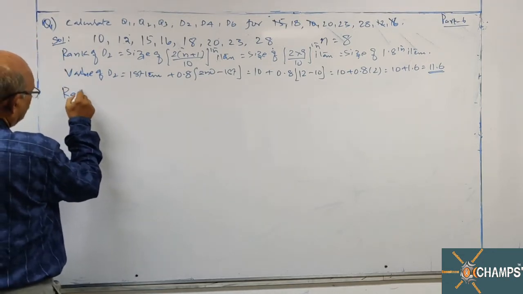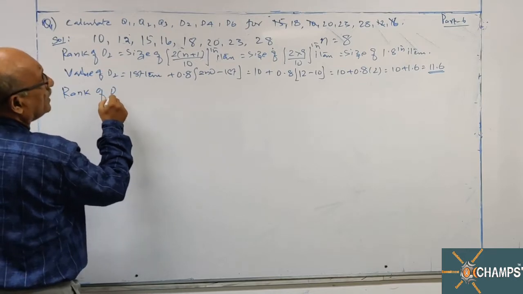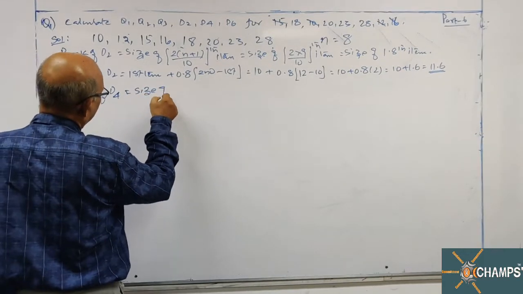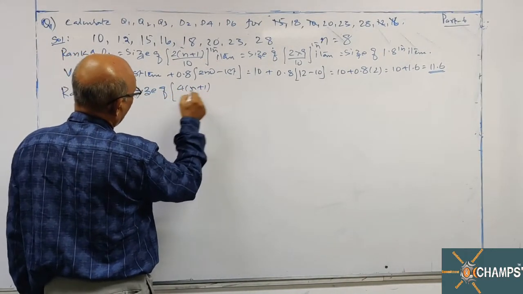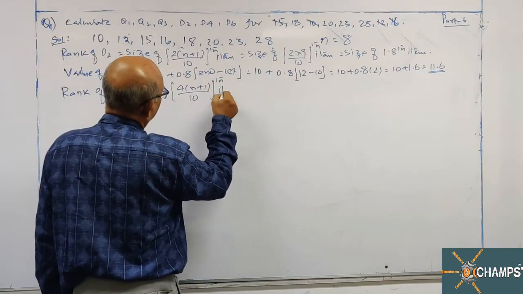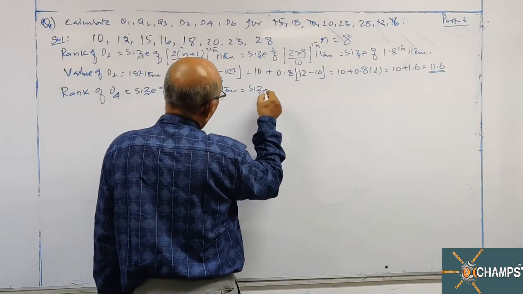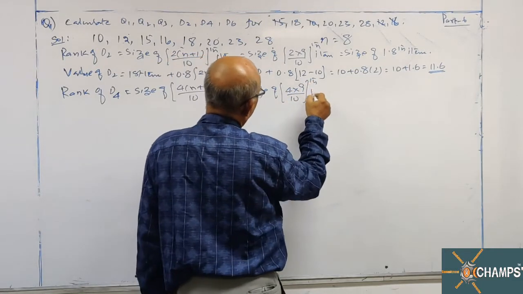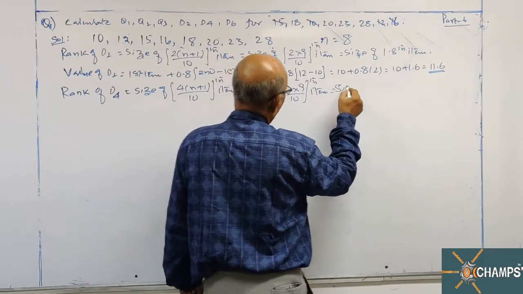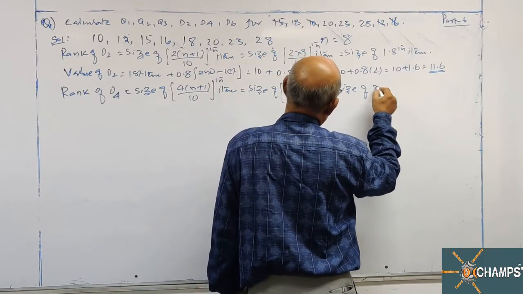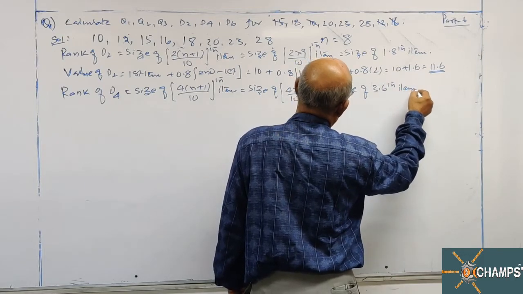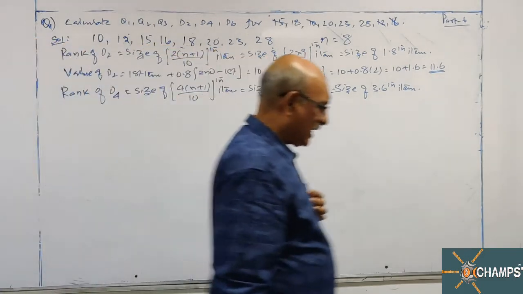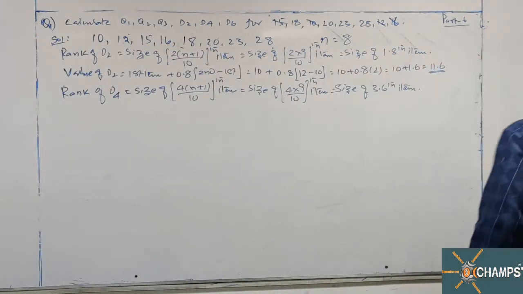Next, rank of D4 is equal to size of 4 into (n plus 1) by 10th item. This is equal to size of 4 into 9 by 10th item. This is equal to size of 3.6th item. So we have identified where it lies.